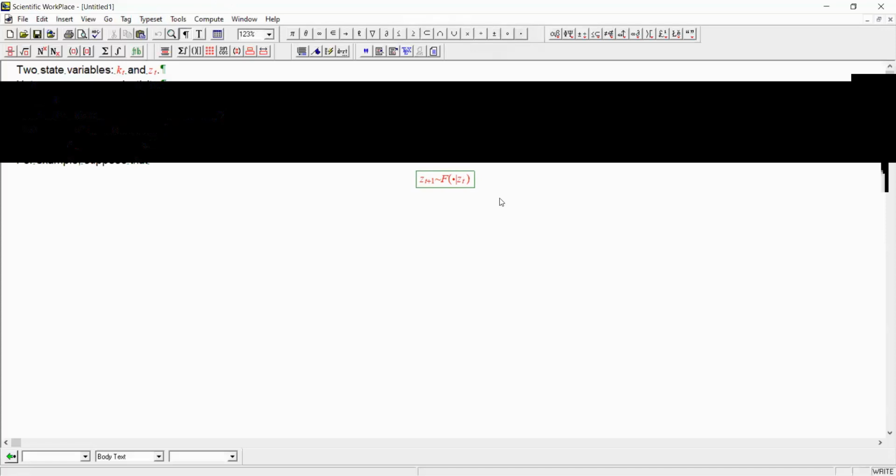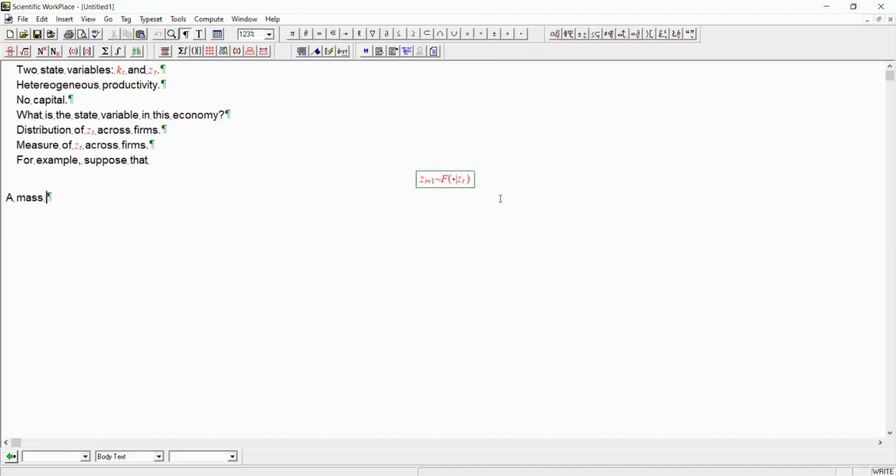In addition, there is a mass epsilon_t of new firms born each period. And just for simplicity, let's say that all firms die each period with probability lambda.